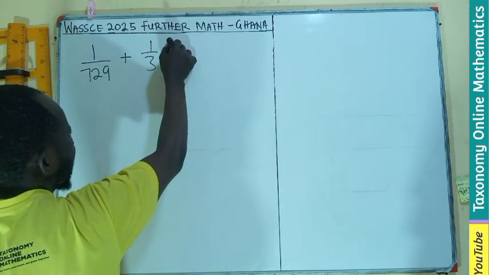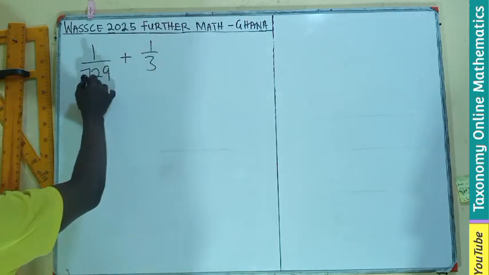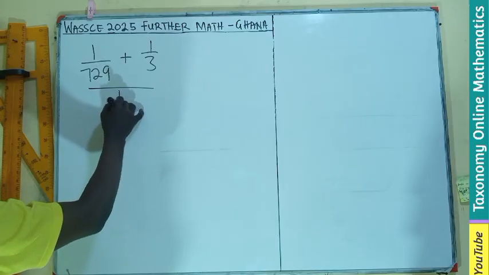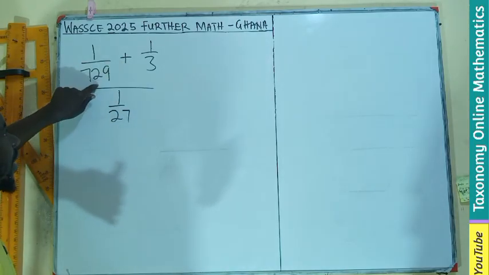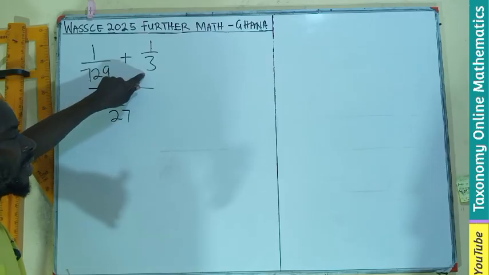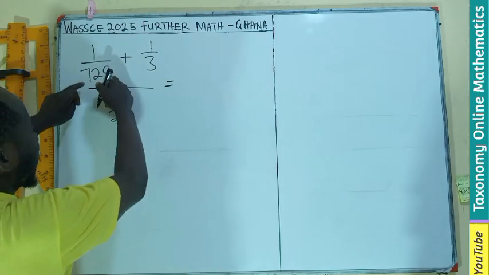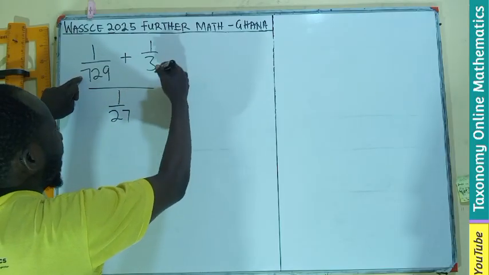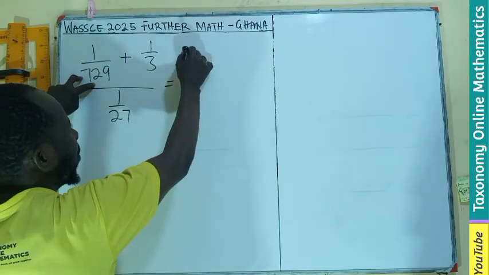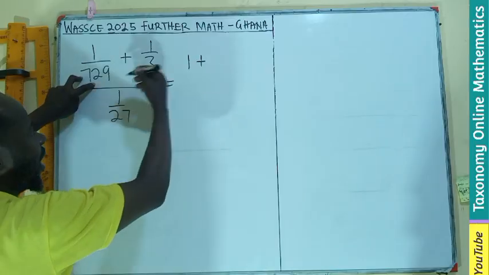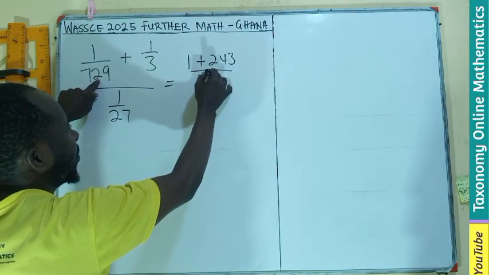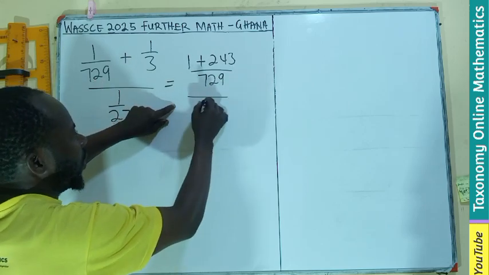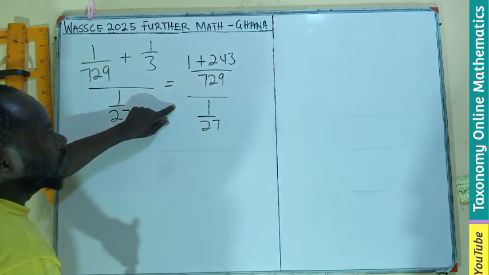Let me maintain that, divided by 1 on 27. Now this is a factor of this. If you factorize it, you get your 243. So I can write this with the LCM being 729. Therefore 1 plus 243, divided by the same 729, all divided by 1 over 27.